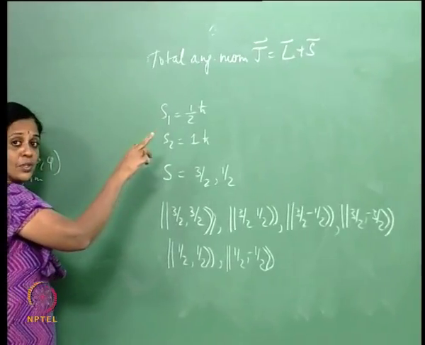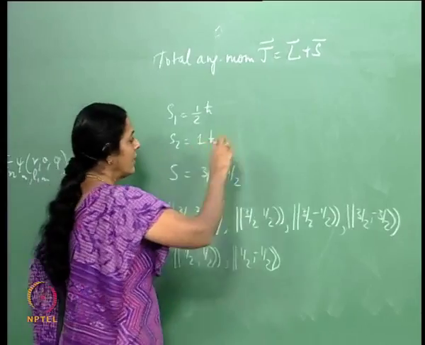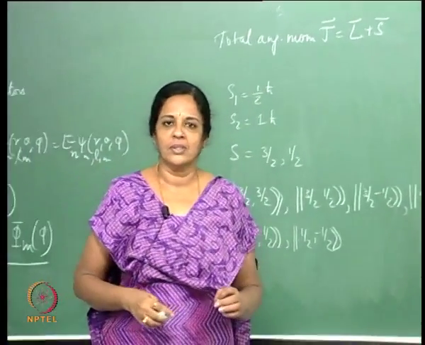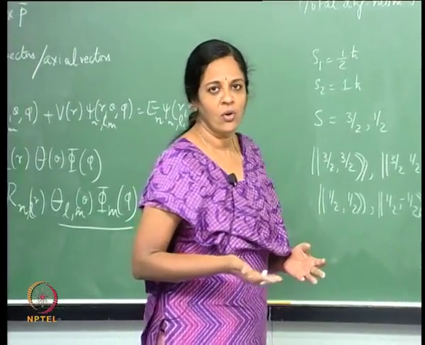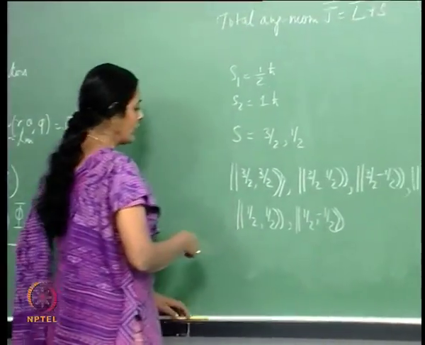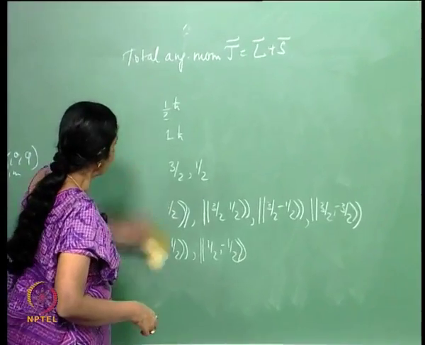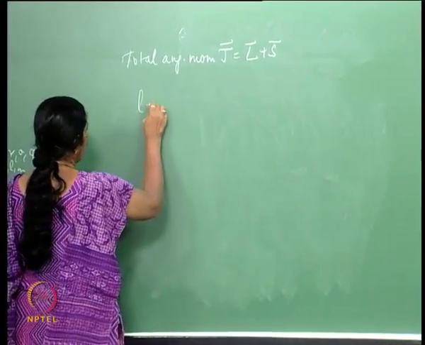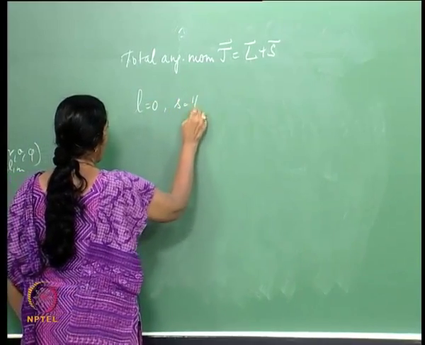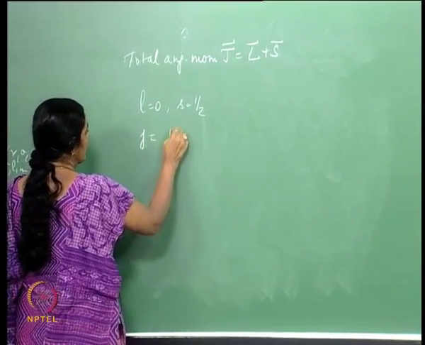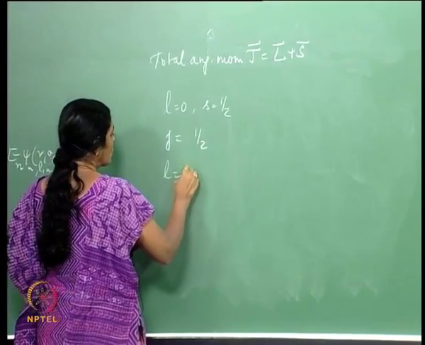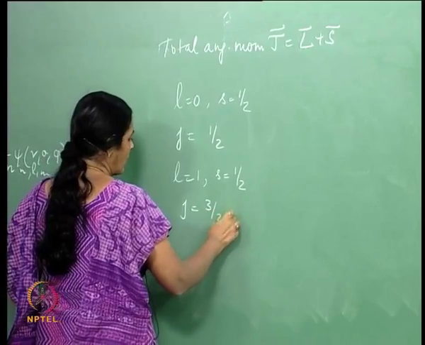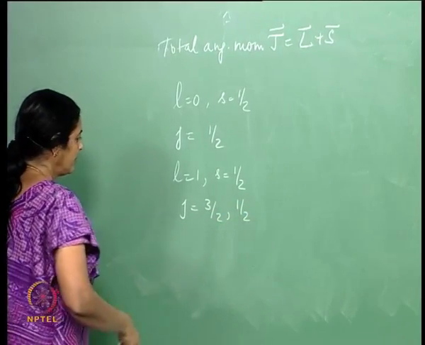The same rules of addition apply here, except that little l, the orbital angular momentum quantum number, can only take 0 or positive integers in units of h cross. So for instance, if we look at an example, L equals 0 and S equals half, J is L plus S, which is half. If L is 1 and S is half, J is 3 by 2 or half, and so on.